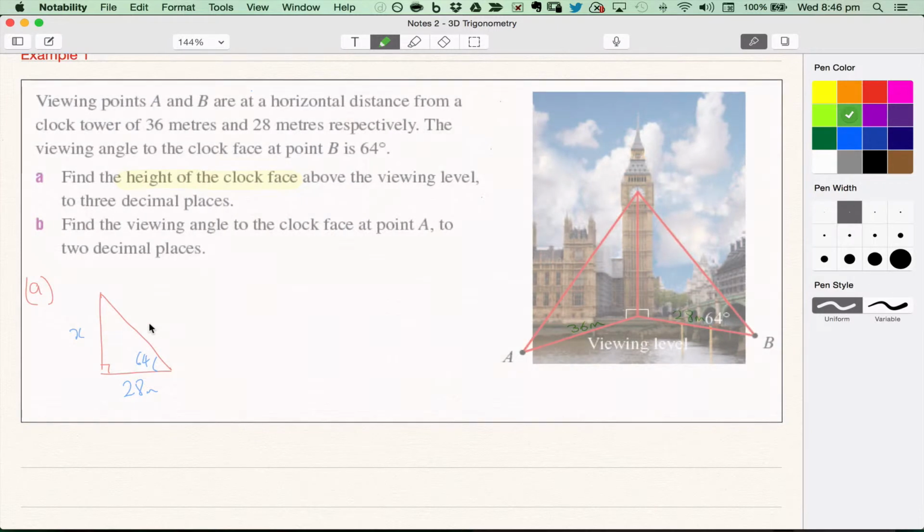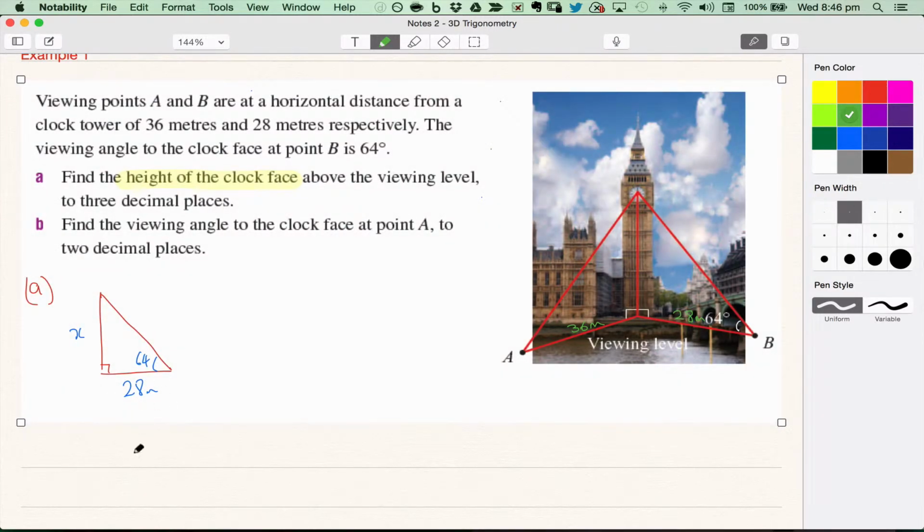Second step is to label the sides. Hypotenuse, this one's opposite, this one's adjacent. Third step is to decide which ratio we're going to use. We've got opposite and adjacent, so I'm going to use tan.